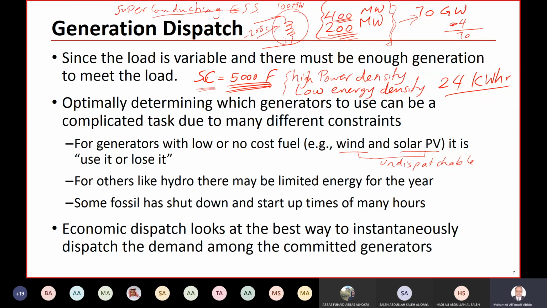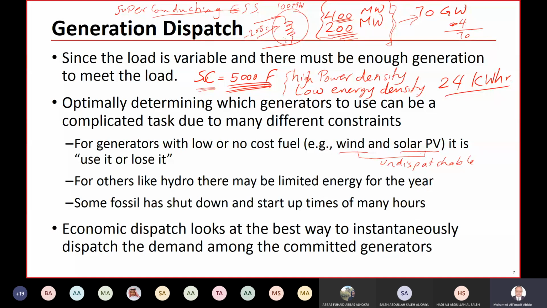If you have a cloudy sky, and you have shading on the panels, the output of these panels abruptly goes down. You have to be careful with the renewable energy sources.